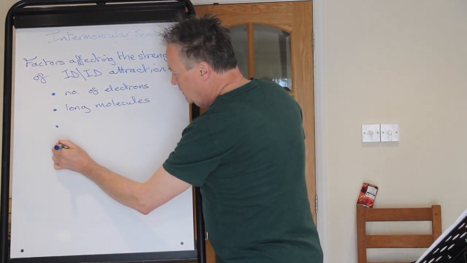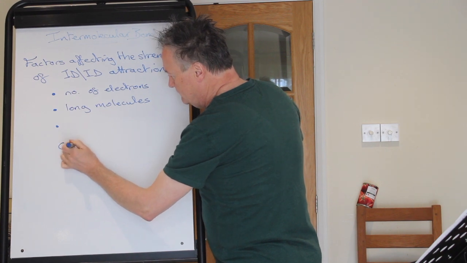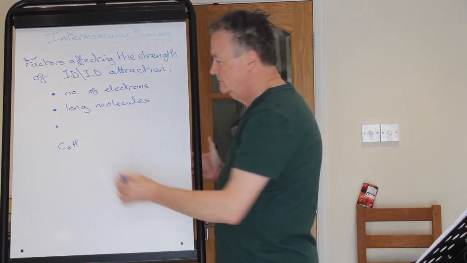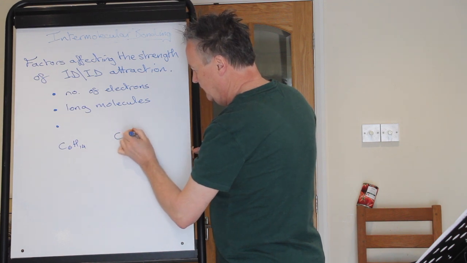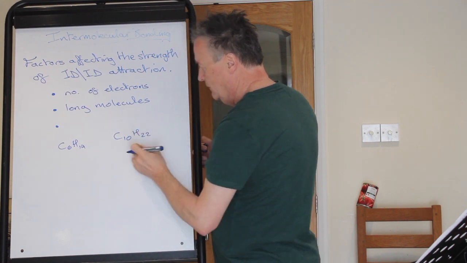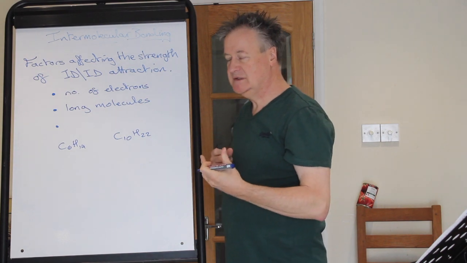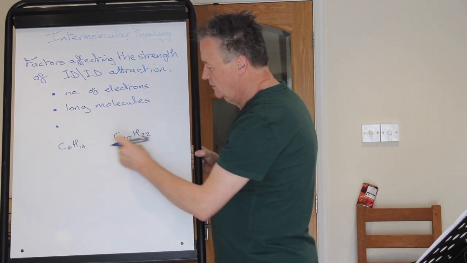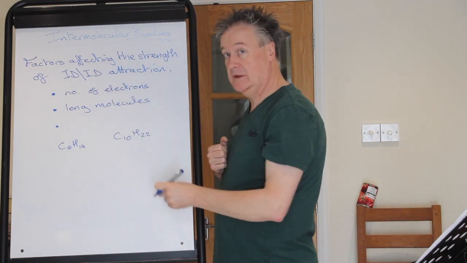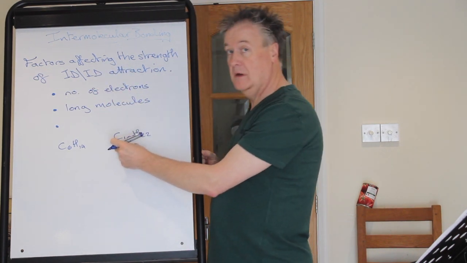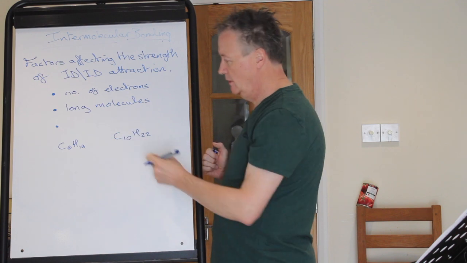But if you look at hexane and you compare it to decane, structure-wise they're relatively similar. This is a longer molecule than this one. This one, more ID-ID attractions, higher melting point, higher boiling point.